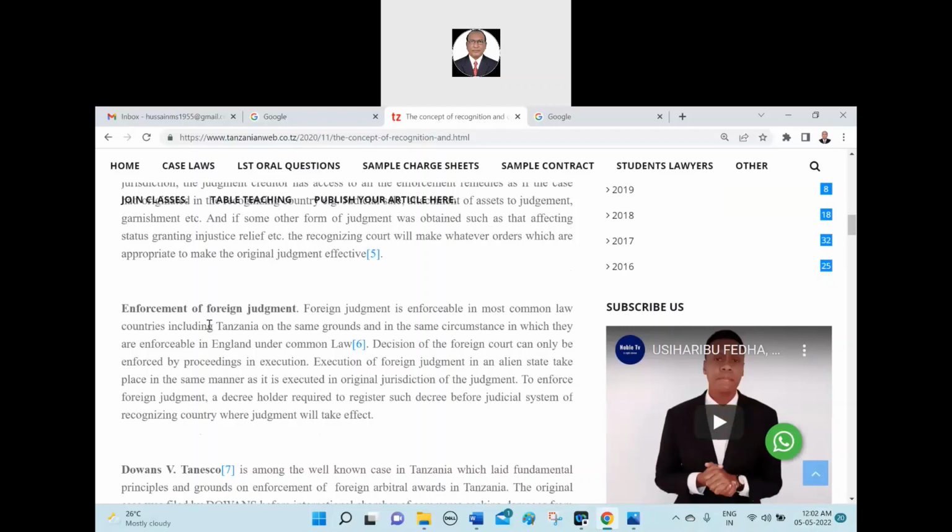So now let us look at enforcement of the foreign judgment. A foreign judgment is enforceable in most common law countries. Tanzania is a common law country or not? Yes, it is. What about India? It is. How could you say which countries are said to be common law countries?